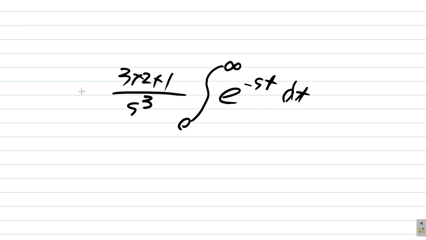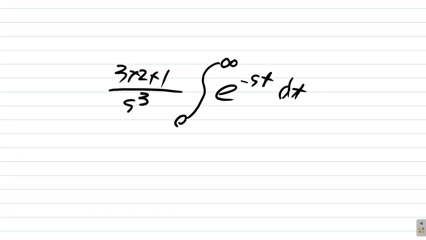Now, let's integrate this part and see what we're going to have. What we have here, well, we wouldn't use an integration by parts because we only have one function here. So let's integrate it as it is.